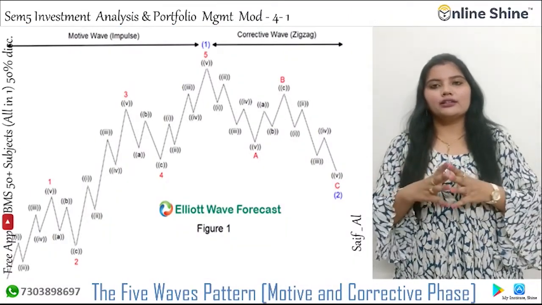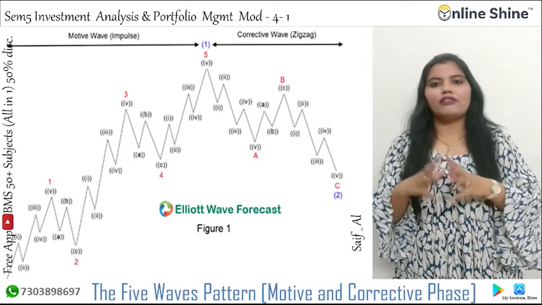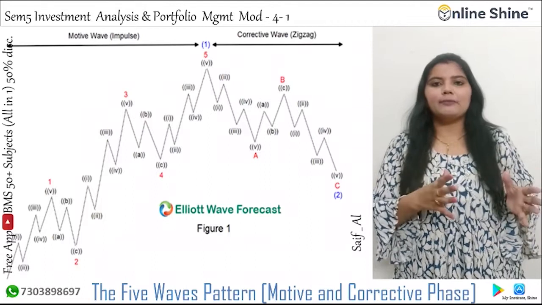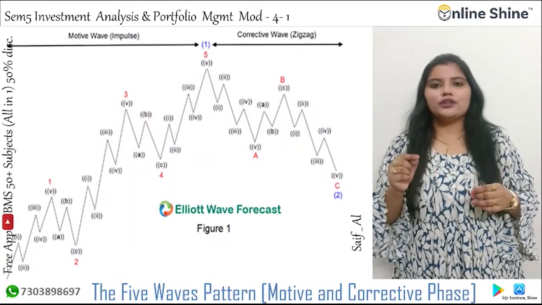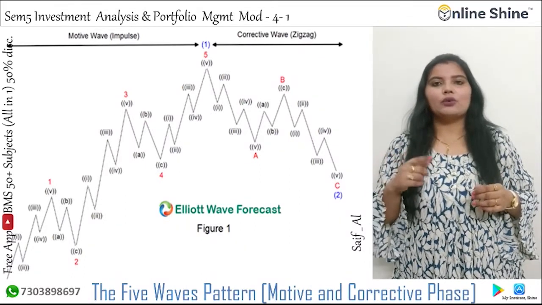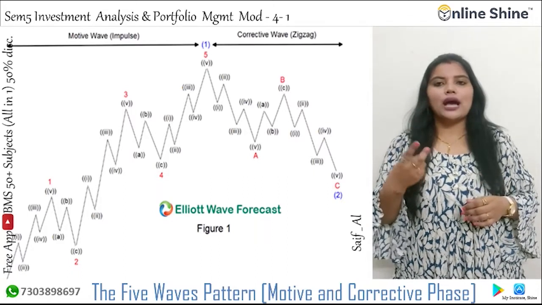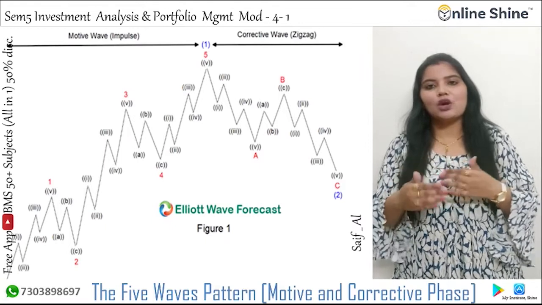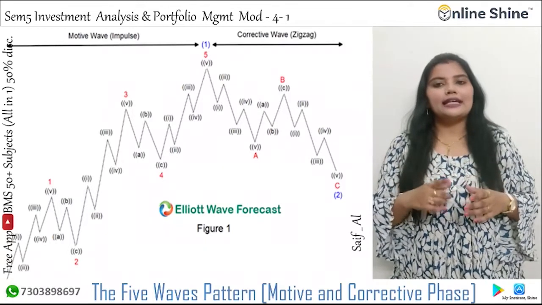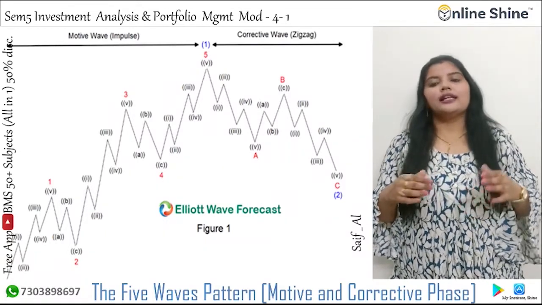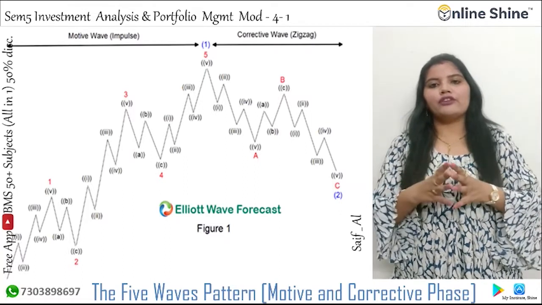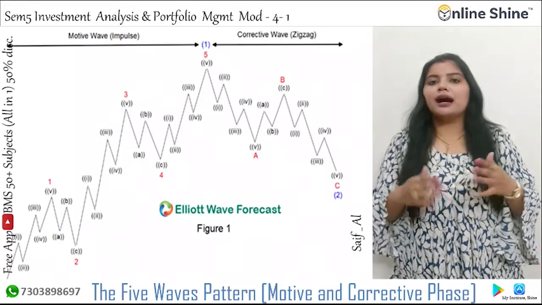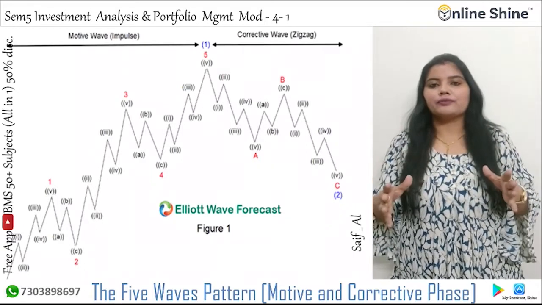In the figure, waves 1, 3 and 5 are motive waves, and they are subdivided into smaller degree impulses labeled as 1st, 2nd, 3rd, 4th and 5th. Waves 2 and 4 are corrective waves, and they are subdivided into 3 smaller degree waves labeled as A, B, C. The 5 waves, 1, 2, 3, 4 and 5, make up a large degree motive wave.